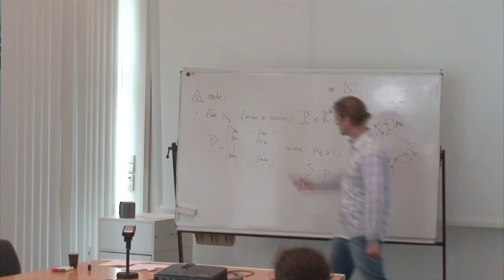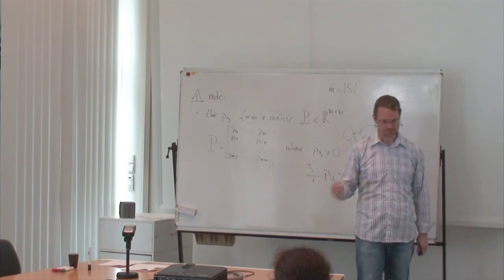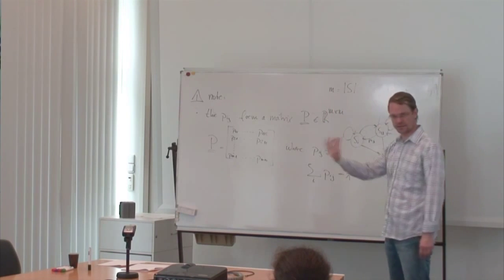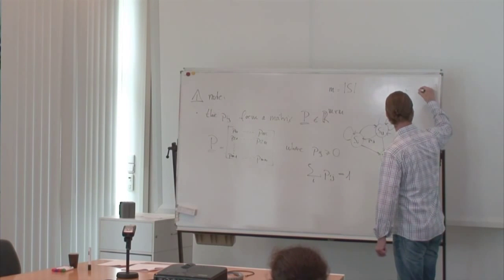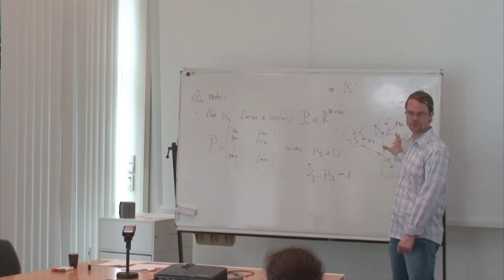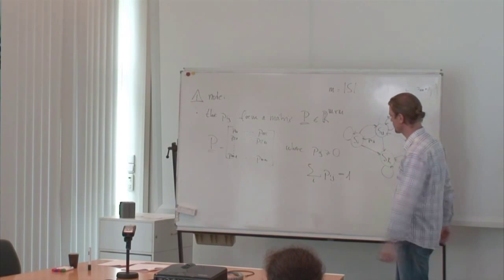So in the corresponding column, the column that would indicate state Sm, the diagonal element would be 1. So the probability P_mm is 1. Everything else is 0. This is what it means when I do not draw any arrows, then that means the corresponding transition probability is 0.